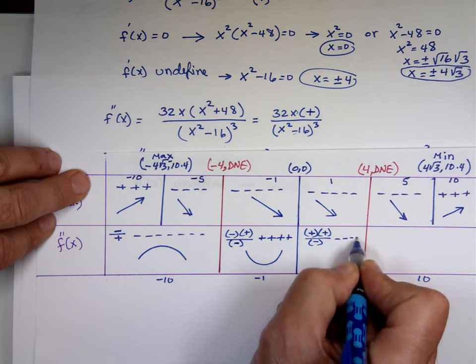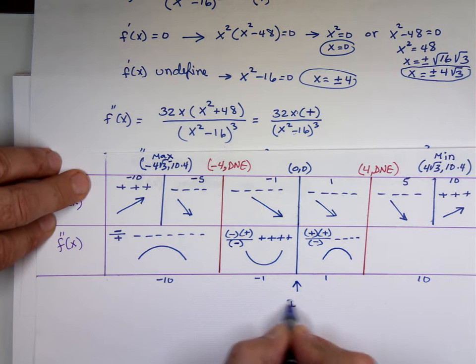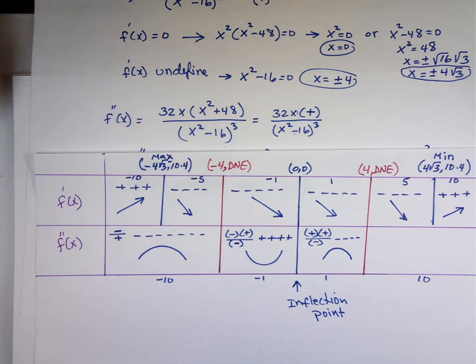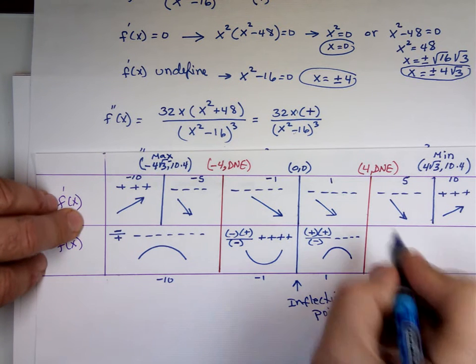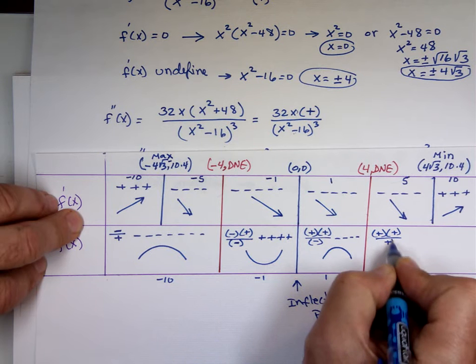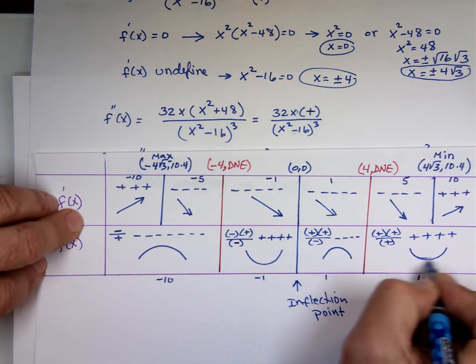There's an inflection point. And if I take the 10, positive, positive over positive, that's a positive. Concave upward. And now I'm ready for my graph.